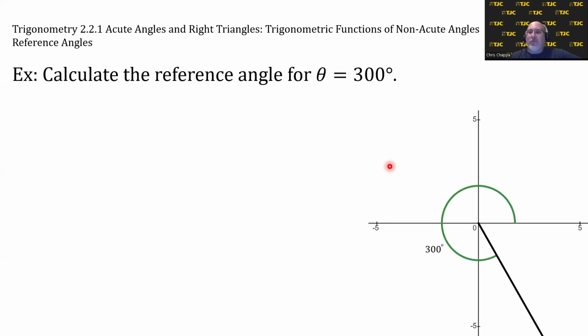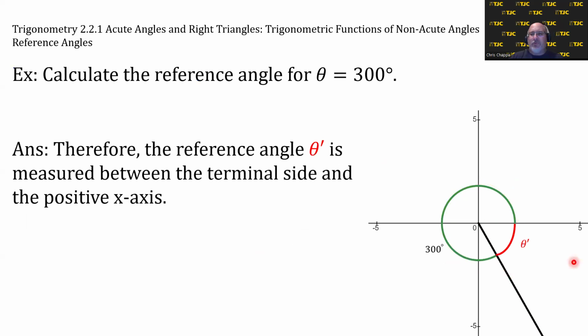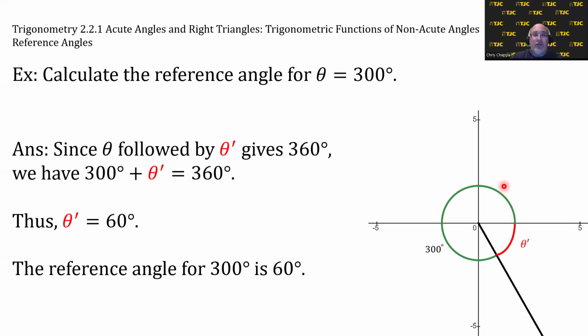What if we're in quadrant 4 with something like 300? Where do you think the reference angle is going to be? Well, it's going to be between the terminal side in quadrant 4 and the positive x-axis. So it'll complete this revolution right there. So how do we find its measure? Well, I just gave you a hint. The angle we have, 300 degrees, followed by theta prime would give us 360 degrees.